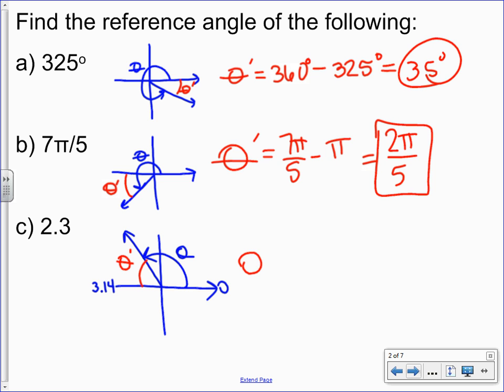We're going to find it by doing what calculation? Pi minus 2.3. So yeah, it's going to be easier if we take 3.14 minus 2.3, which is 1 point, what? I will let you use your calculator. 0.84?